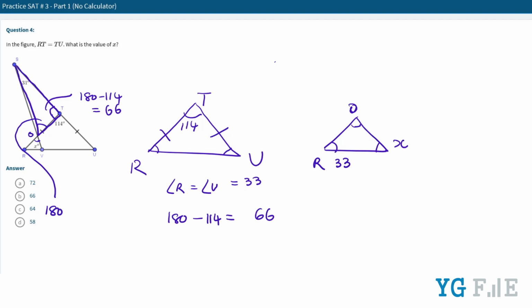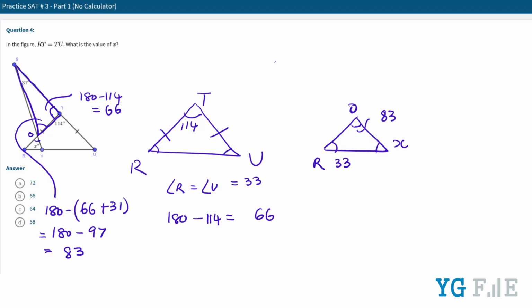This angle within the STO is 66 plus 31. So this is 180 minus 97, which is equal to 83. So this angle is 83, which means vertically opposite angles will be equal. Therefore, this will be 83 also.